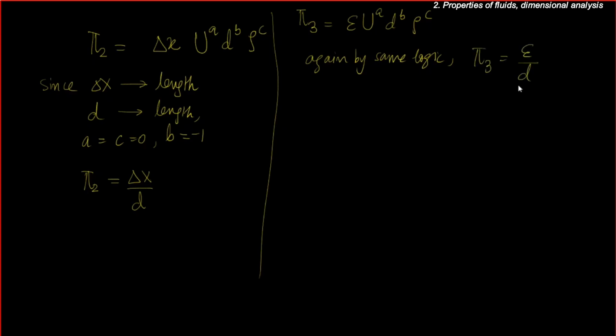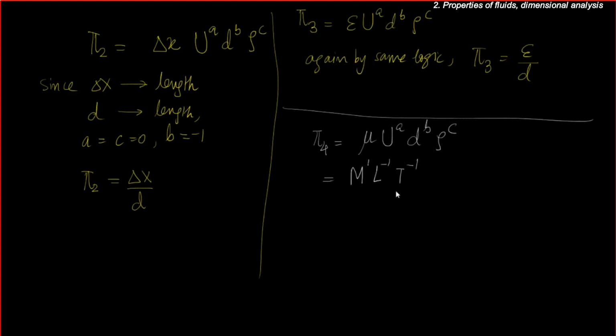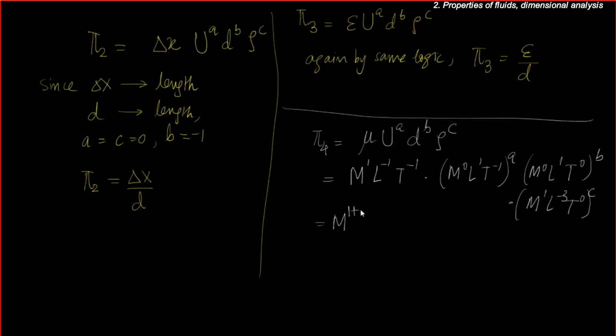And it is very easy to see that delta x has the unit of length, while the diameter has also the units of length, as a result of which the non-dimensionalization of the length of the tube must necessarily be delta x upon d, which means a will be equal to c will be equal to 0 and b will be equal to minus 1, yielding the second pi term to be delta x upon d.